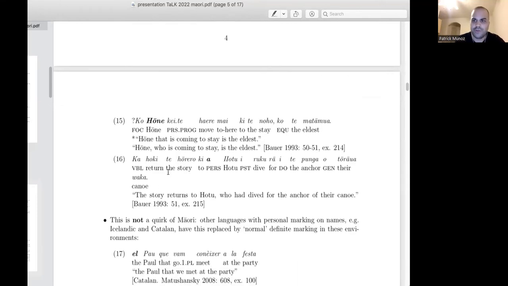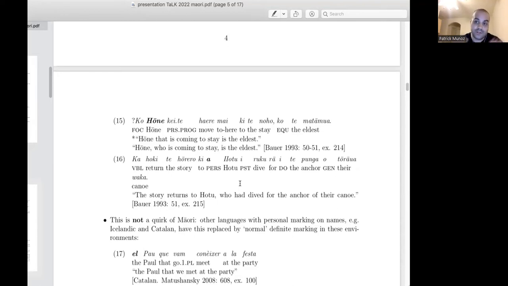Likewise, if you give the informant a situation where you only expect there to be one hone, and so restrictive modification is not pragmatically licensed because there's nothing to compare him to, and you say something like, the story returns to Hotu, who had dived for the anchor of their canoe. Here you have the personal marking on a Hotu, and the relative clause is fine there, but only read non-restrictively.